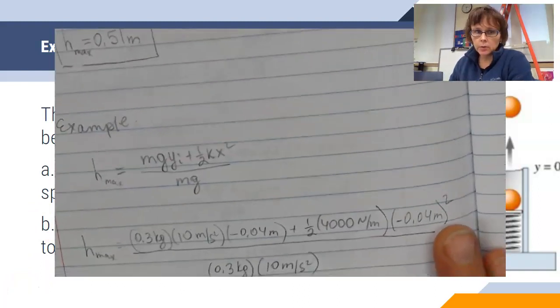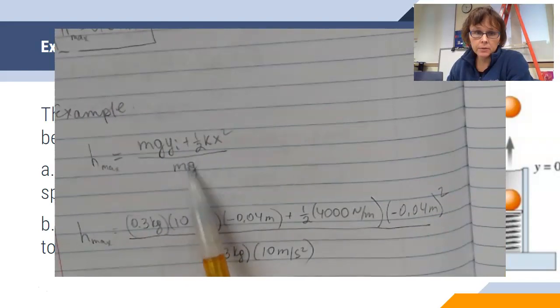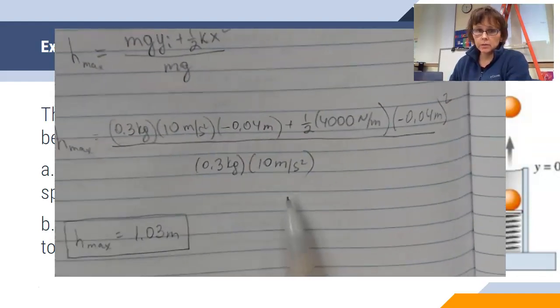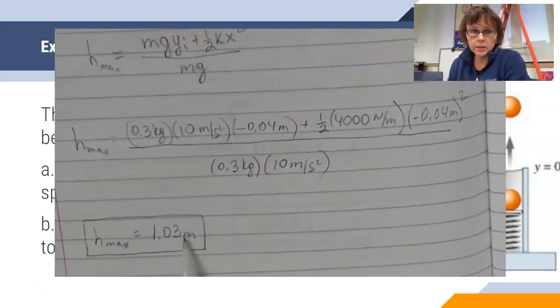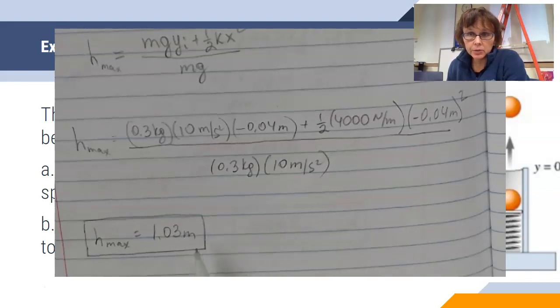So let's look at our formula for the maximum height. This time we have a different compression number, 0.04 meters, and plugging in the values, we can see that the height is about 1 meter, about 4 times the original height we calculated in the previous examples, right?